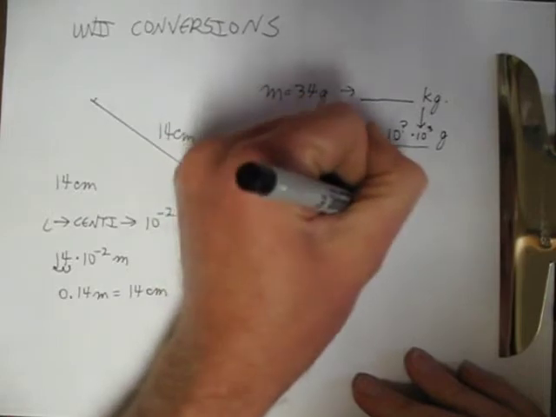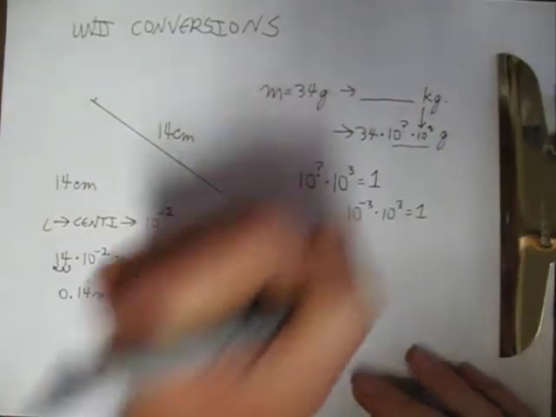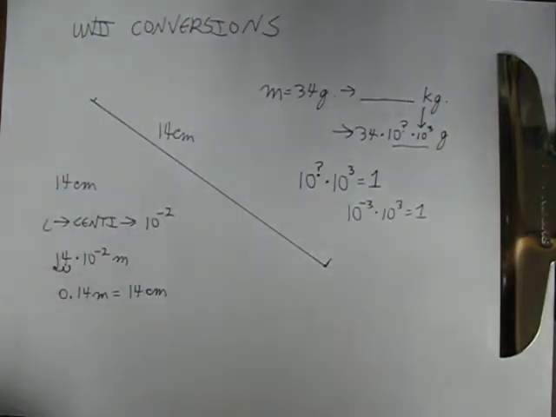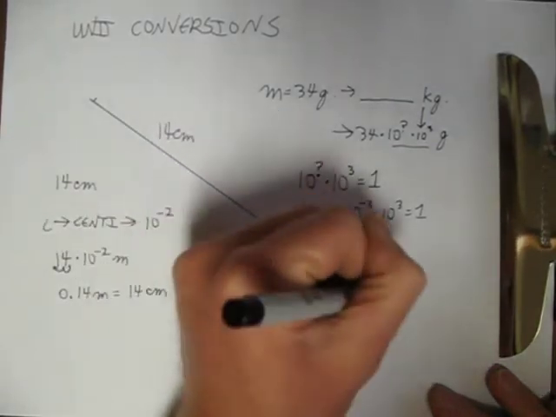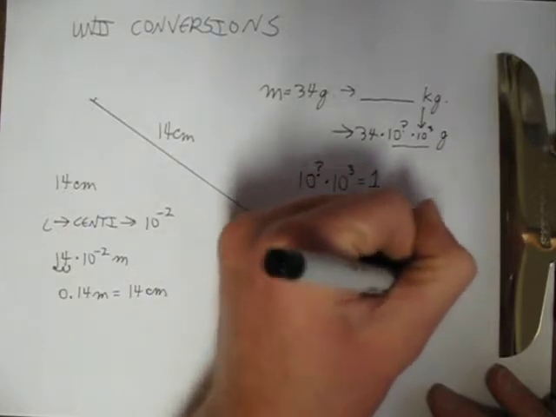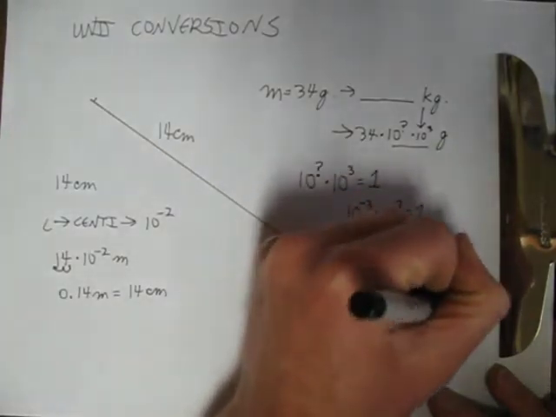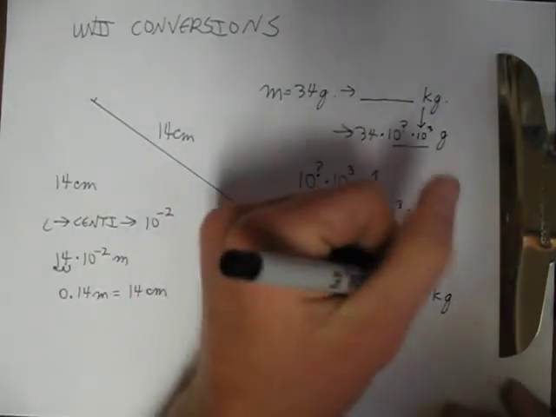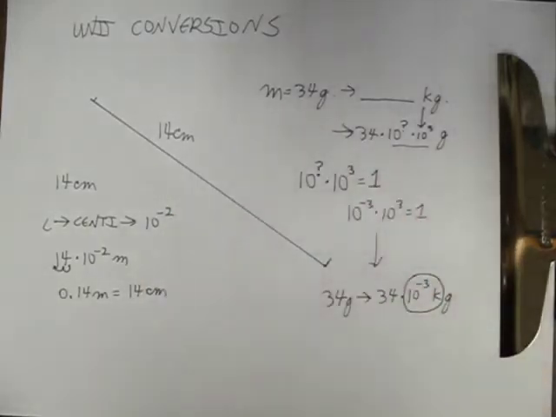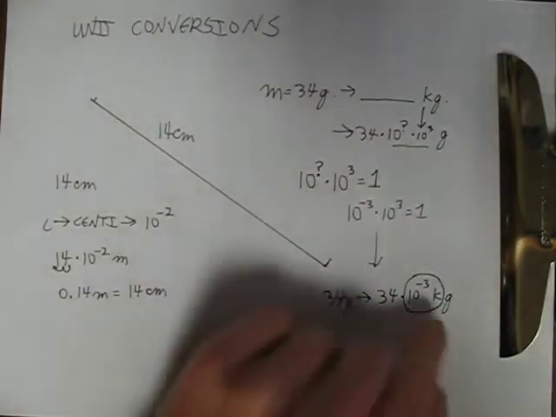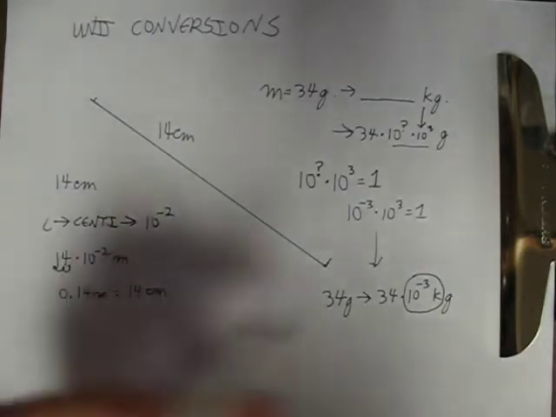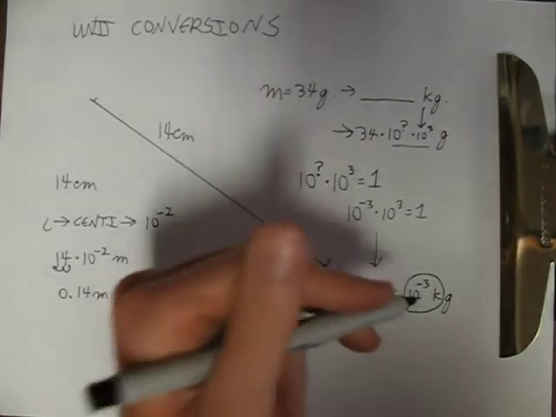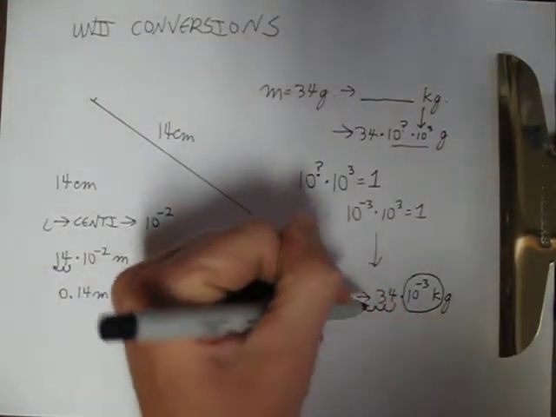So that means, I know I'm being a little bit messy here, that 35 grams is equal to 35 times 10 to the negative third kilograms, because 10 to the negative third times k, k means 10 to the positive third, so 10 to the negative third times 10 to the positive third equals 1, so I haven't really changed anything. And so this means that I want to move my decimal place 3 to the left.